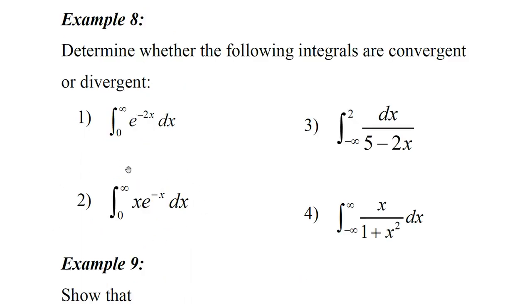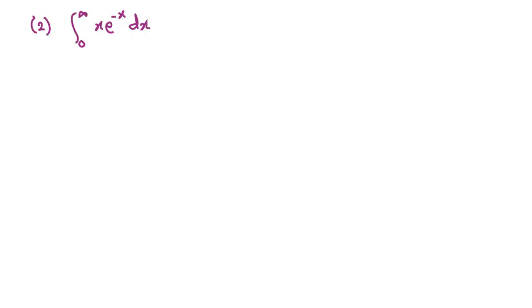Now question number 2: integrate from 0 to infinity x times e to the power of negative x. First of all, we put the limit as t approaches infinity, from 0 to t of x e to the negative x dx. Then we can use integration by parts.